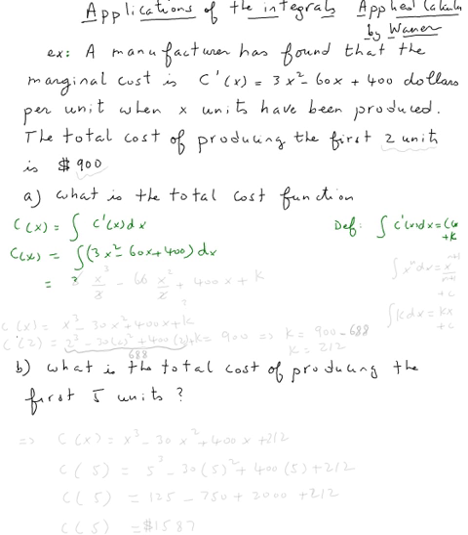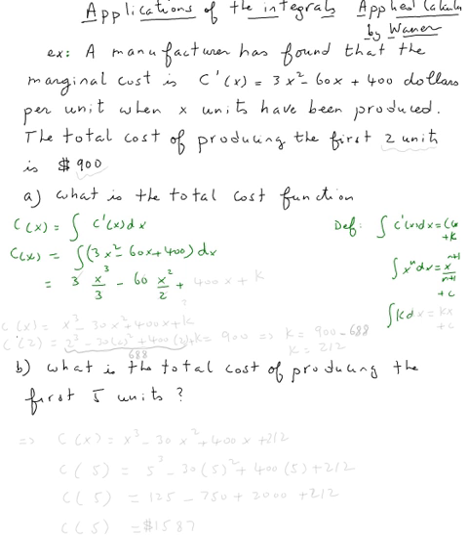So this will be 3. Remember, the integral of x to the n dx is x to the n plus 1 over n plus 1 plus some constant. So 3x, 2 plus 1 is 3, over 3, minus 60, and then x. The exponent is 1, 1 plus 1 is 2, divided by 2, plus.